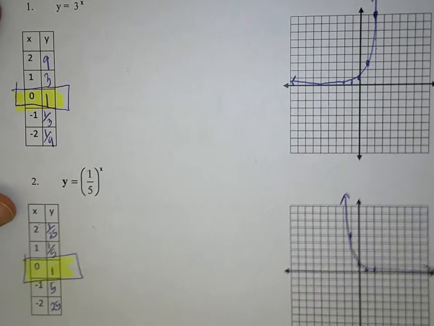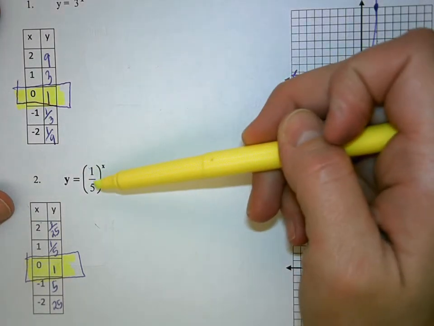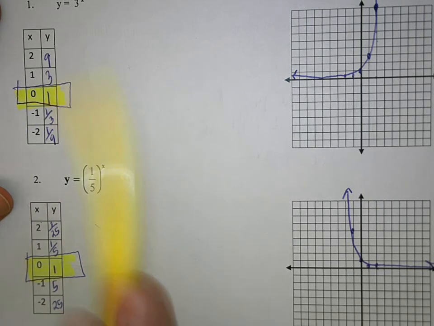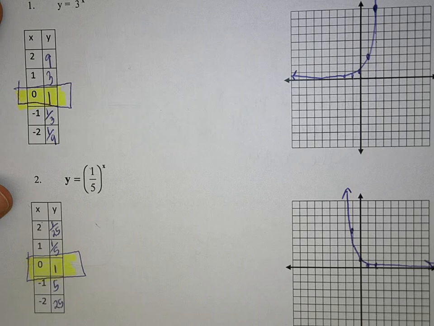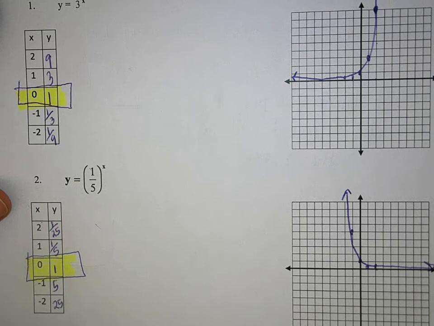But if you just have a number to the x power, the intercepts are always going to be at 0, 1. Do we see this? Because anything to the 0 power always equals 1. Okay. All right, any questions here? Okay.